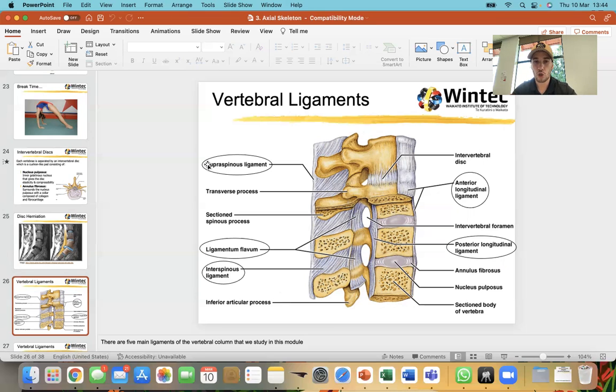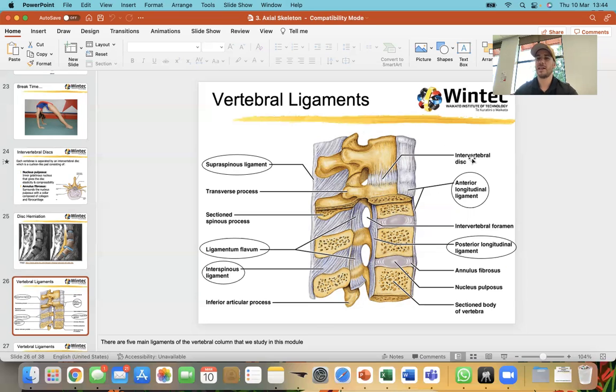If we have the word supra, it means superior. So our supraspinous ligament is the ligament that sits on top of the spinous process, which is this area here. It's the part that you can feel along your back.